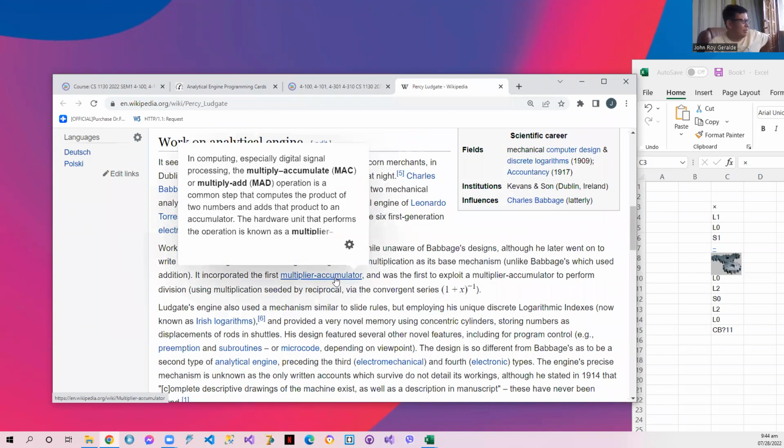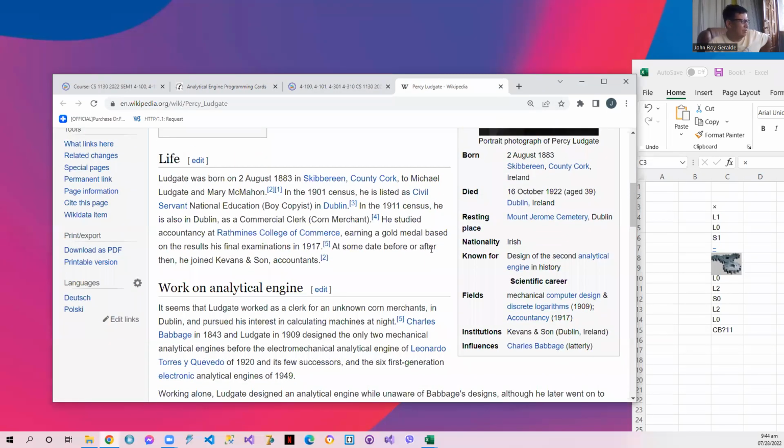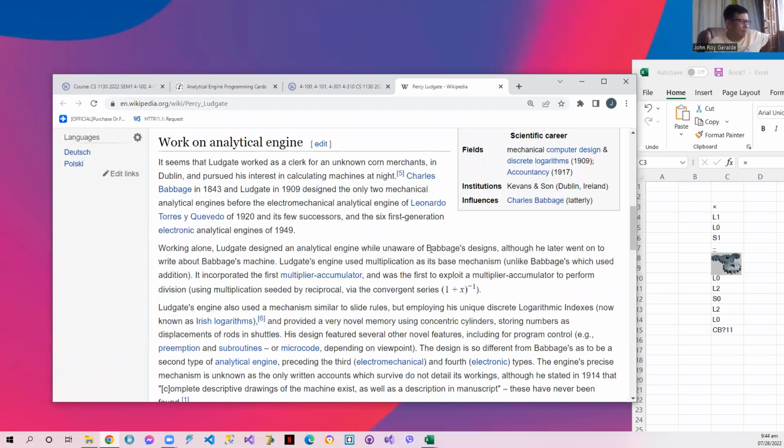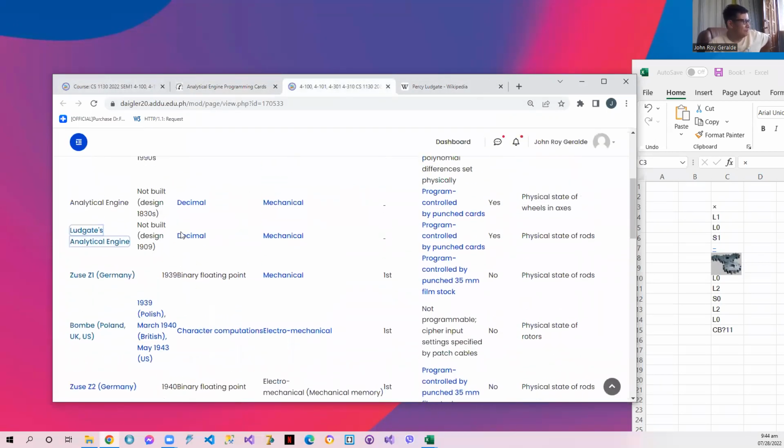He added certain components such as a multiplier accumulator. But the term accumulator was formally defined later, in the 1940s, in the ENIAC computer. Do you follow? So this 1909 version by Percy Ludgate was a significant improvement.